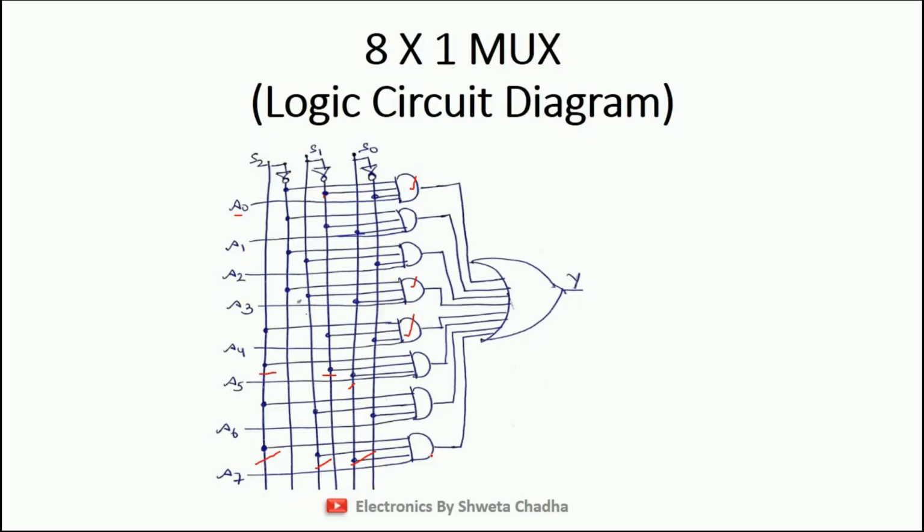And now there is a plus between all these variables. Plus means OR gate. So here I have used an 8 input OR gate over here, hence to connect a single output, that is 1.